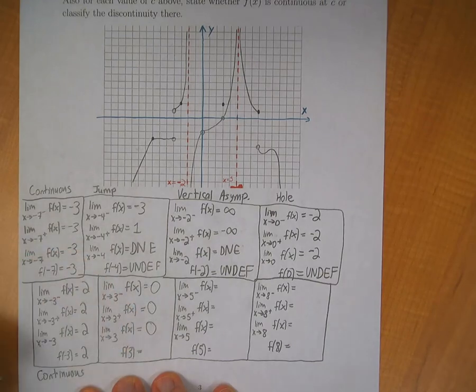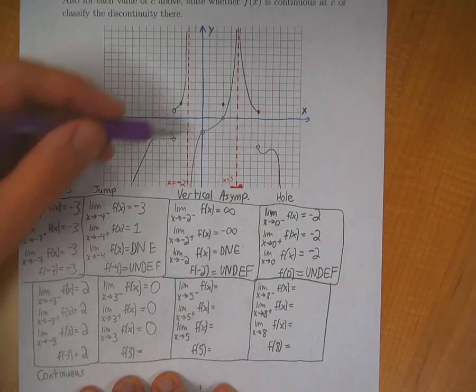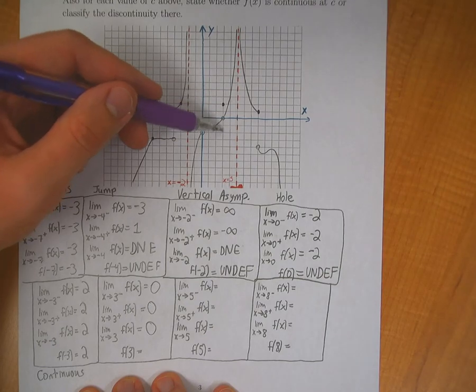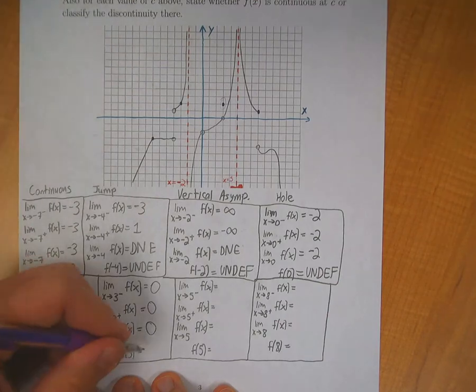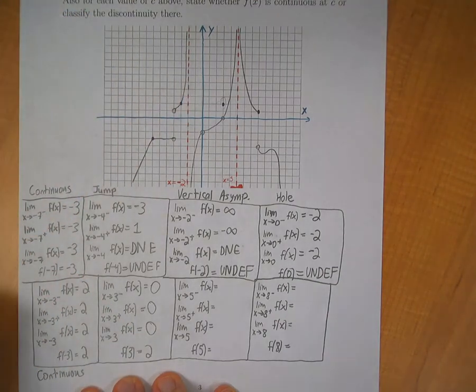And then function value? At +3, is there a function value? Yep. In this case, it would be 2, because that's where the corresponding y value is.